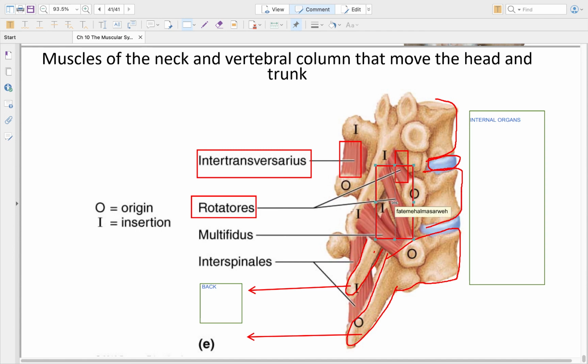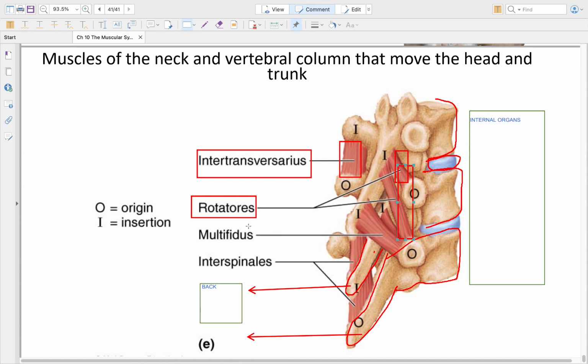Very good. So this one is connecting the upper segment of the spinous process to a transverse process of the same vertebrae and the vertebrae underneath it. And at a very particular angle.